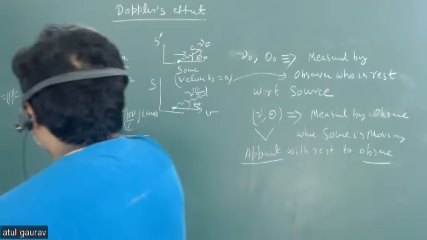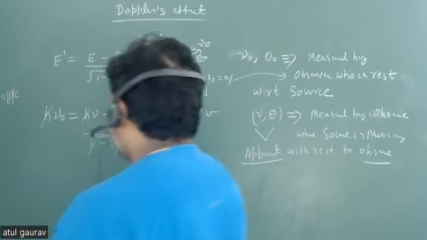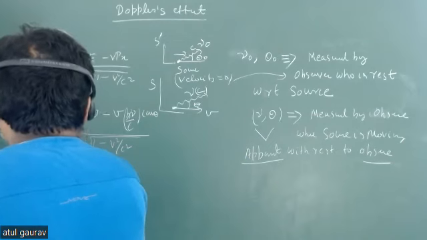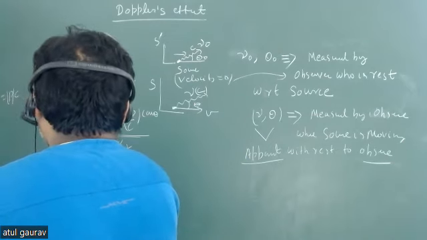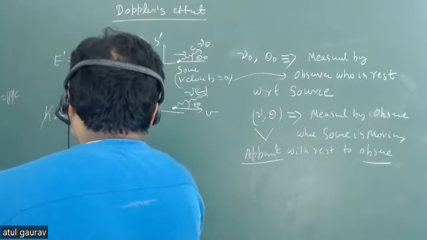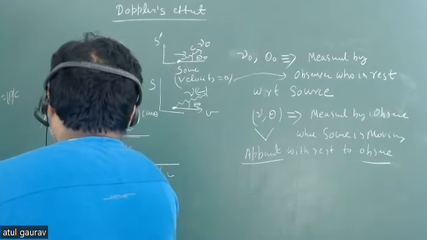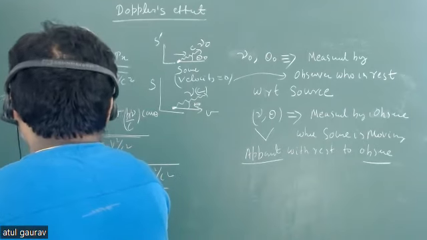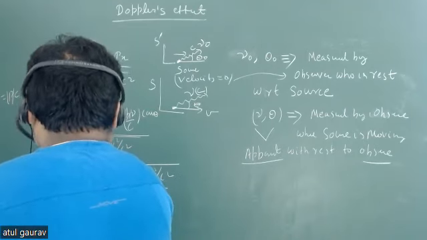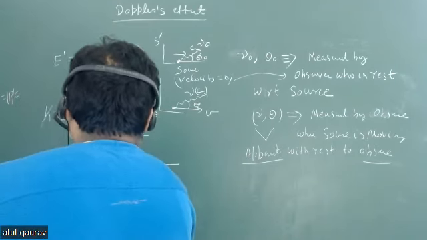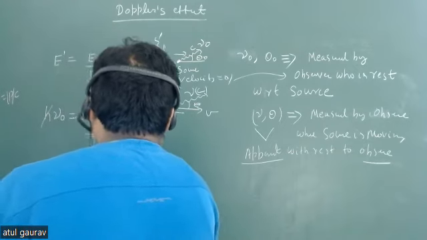So you can easily cancel all h, and you have this frequency is equal to nu naught root under 1 minus v square c square, and that is 1 minus v upon c cos theta.